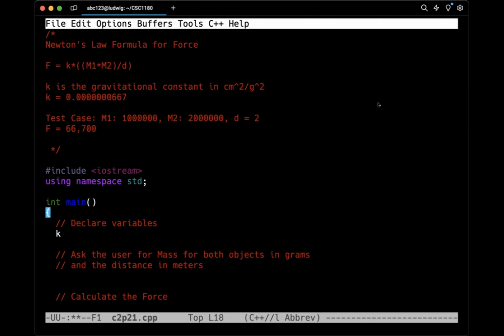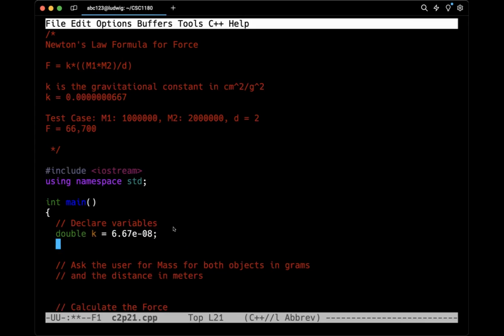Our K is going to be equal to 6.67, and the type has to be a double since it's a very small number. E gives us the engineering notation, that's what they call it, negative 8. It's 10 to the negative 8. If you preferred, you could just do it as you did up there with all the zeros. It has 7 zeros since we're moving it one decimal place first.